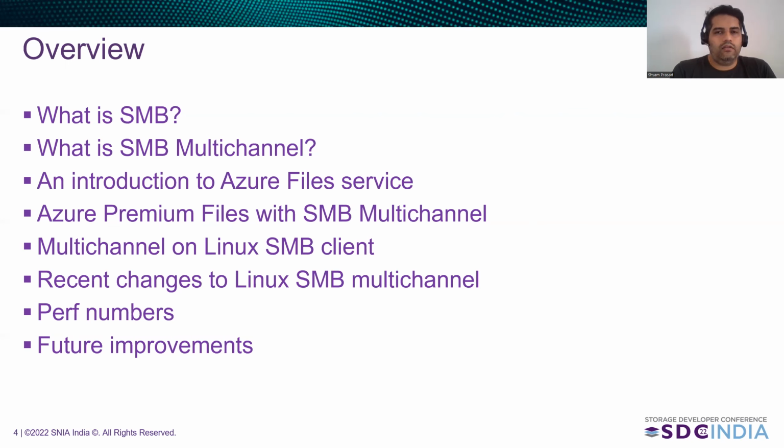And then we go into how SMB multi-channel can be accessed using the Linux client. A bit about the recent changes that have happened on the Linux SMB kernel client around the multi-channel area. And then we'll go over some performance benchmark numbers while using multi-channel. And then list out some of the future improvements that are to be made in this area.